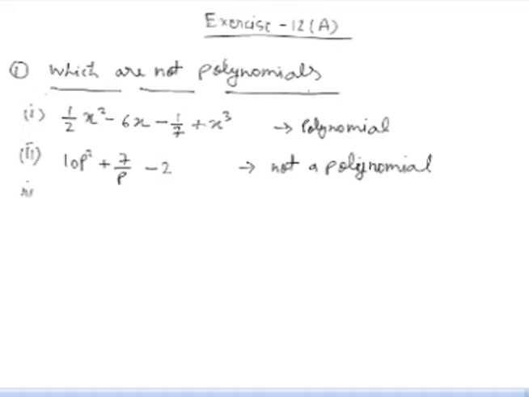And the third question is 5z cube minus root 7 z square plus 11. Here the variable is z and the powers of z are 3 and 2, which are whole numbers. So it is a polynomial.